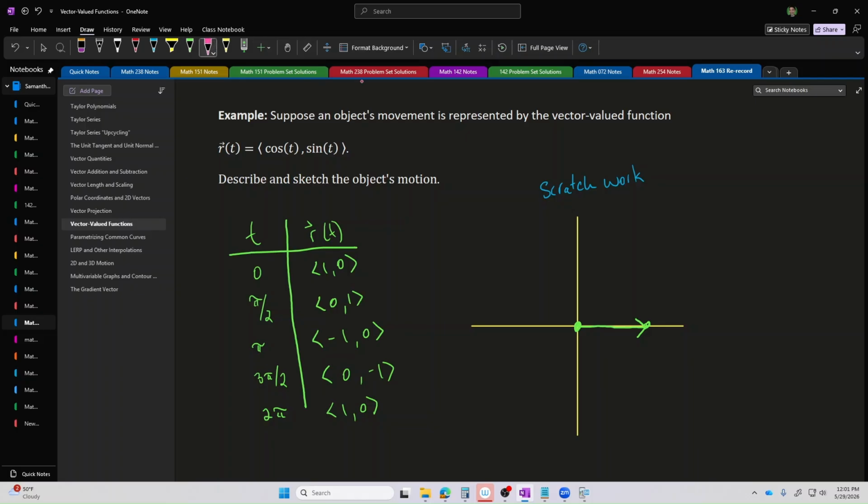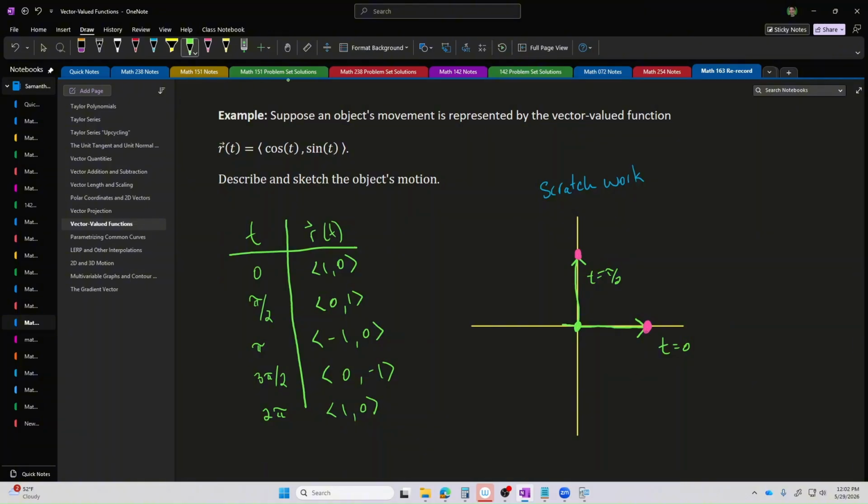So that tells me, hey, the object is right here at this position on the positive x-axis when t is equal to 0. When the time has increased to pi over 2 units, the vector valued function is now pointing to a location 1 unit straight up on the y-axis. So that's saying to me, hey, your object is right here, 1 unit straight up on the y-axis, when t is equal to pi over 2.